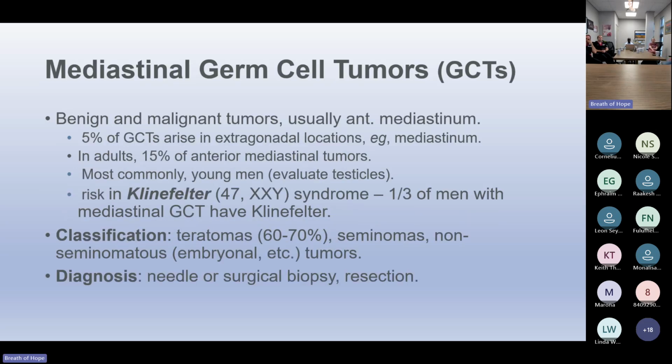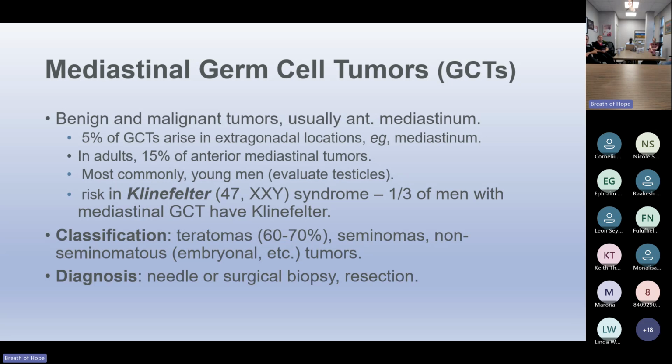Let's look at mediastinal germ cell tumors. They can be benign or malignant tumors, usually in the anterior mediastinum. 5% of GCTs arise in an extragonadal location, the mediastinum. In adults, they are 15% of anterior mediastinal tumors, most commonly in young males, but you must always evaluate the testicles.